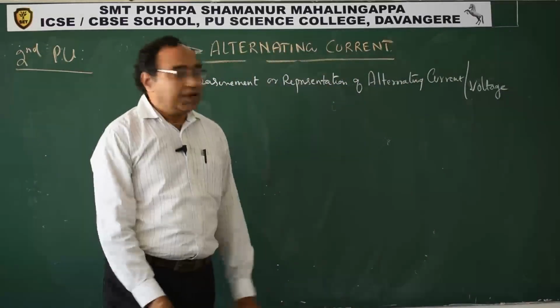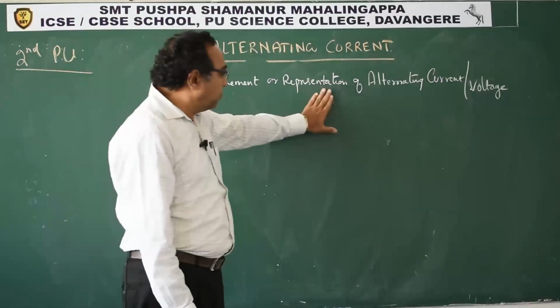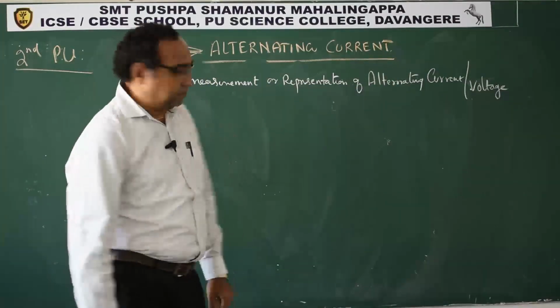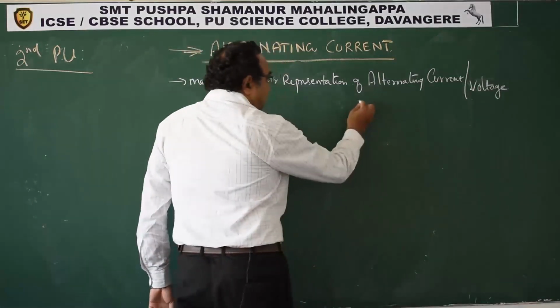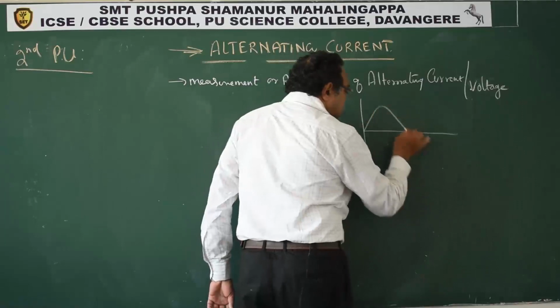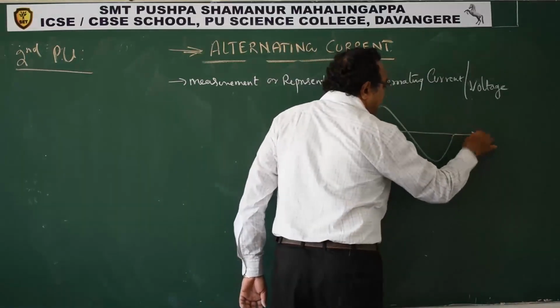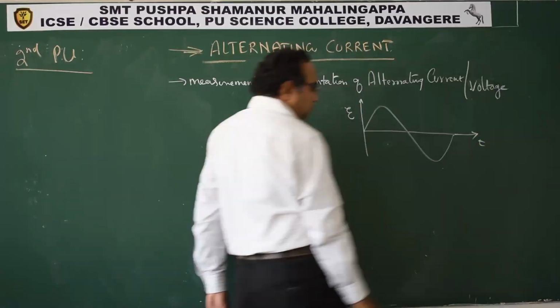Well students, now let us see how to measure or represent alternating current or voltage. We have seen this is the variation of EMF, let us say, with time.